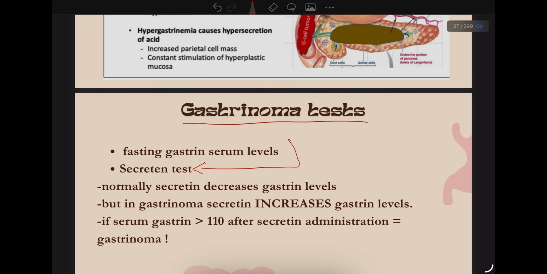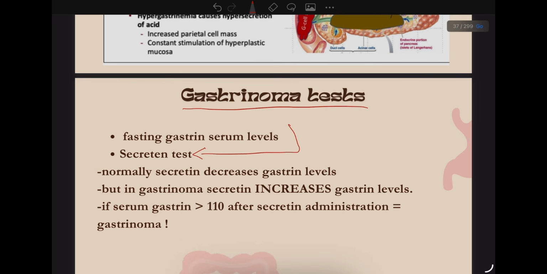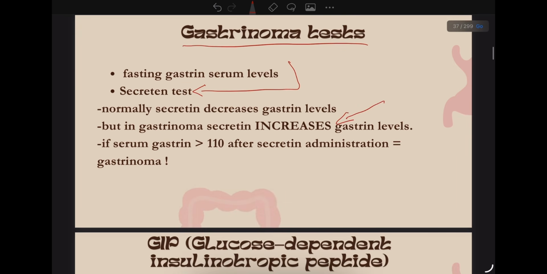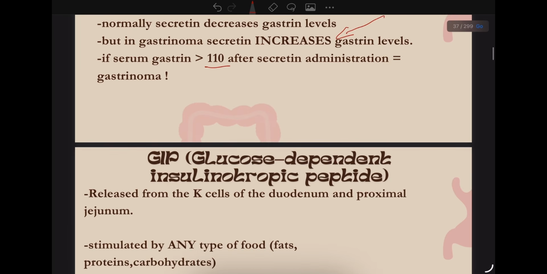They already have a high amount of gastrin, right? So you give them secretin. What happens? It should decrease it, right? But no. In these patients, for unknown reasons, secretin increases gastrin levels. This is what you should keep in mind. If the serum gastrin goes more than 110 after secretin is given, it's 100% gastrinoma.